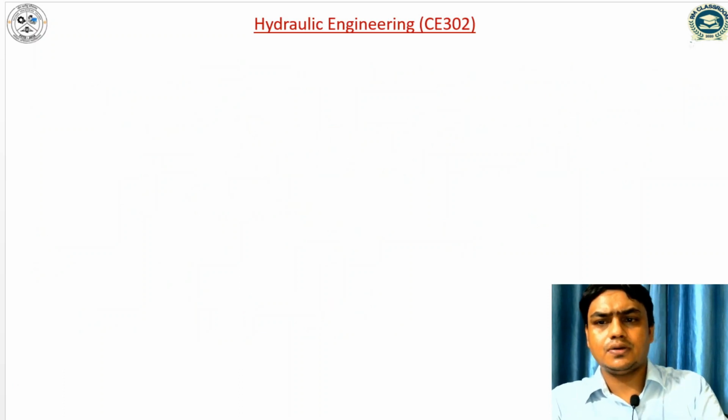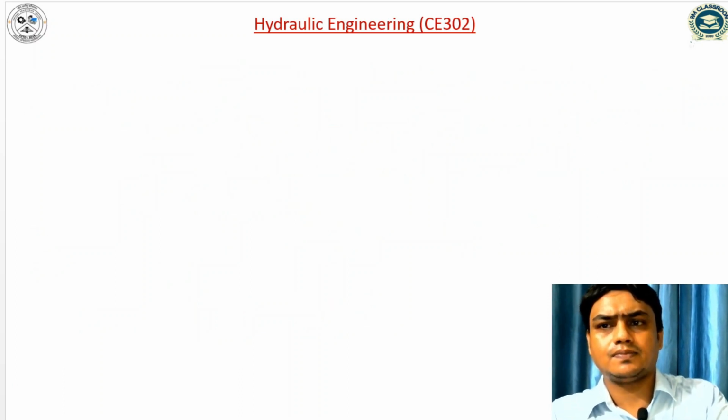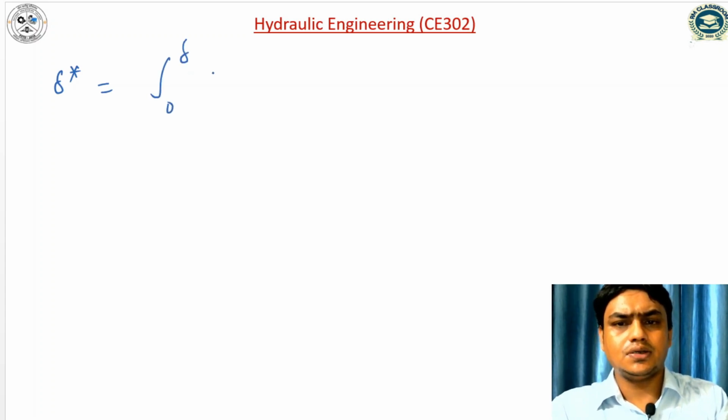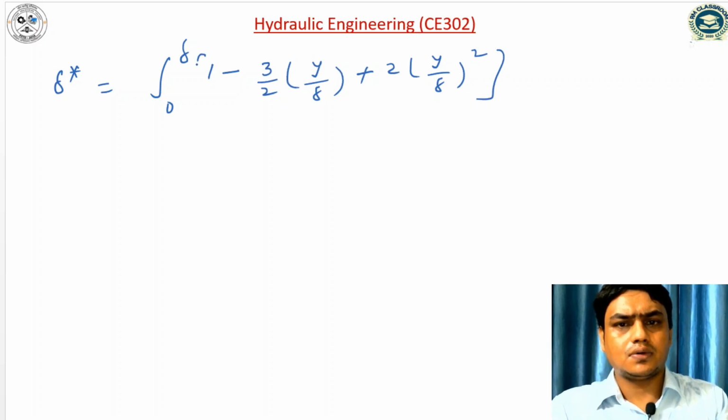So displacement thickness is equal to integral 0 to delta of 1 minus 3 by 2 y by delta plus 2 into y by delta whole square dy.